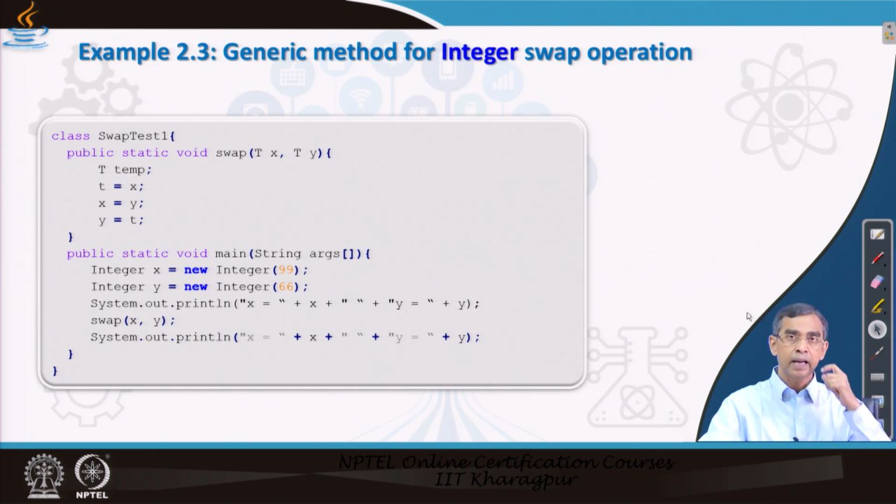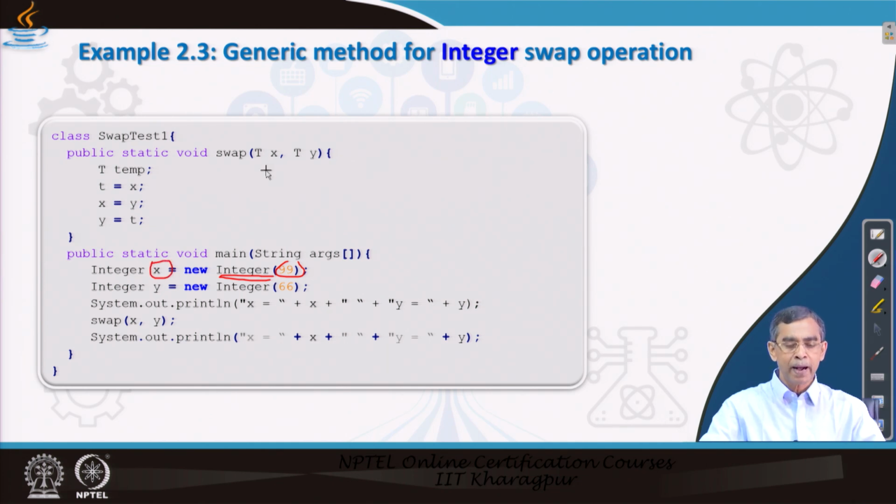Now, you can see how the method can be called for different types of objects, but here a little bit different tricks need to be followed. That is why I have mentioned these examples for you. If you want to pass an integer, you should not pass a simple integer value, rather an integer object value by means of the wrapper class. So, this 99 is basically an Integer class object, that means an int value can be passed to an object of type Integer, and x is an object of type Integer.